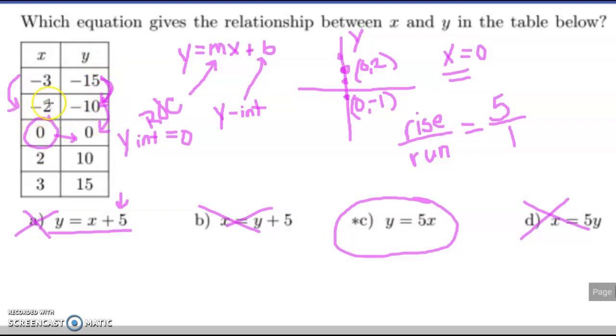Now the scale jumps to 2 here, but let's go back down here where it jumps by 1. If it increases by 1, the y increases by 5. It is a consistent scale. If I were to put a -1 in here, it would only go to -5 here. If I were to put a +1 here, because that number was skipped, it would be a +5 here. So my rate of change is 5, and that always goes in front of the x, so that is the value.